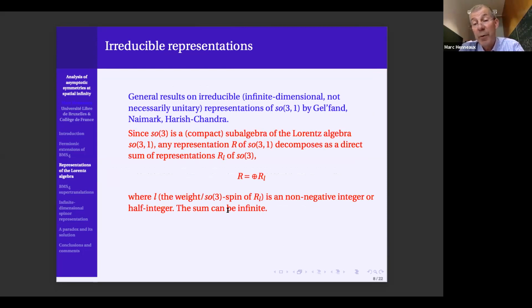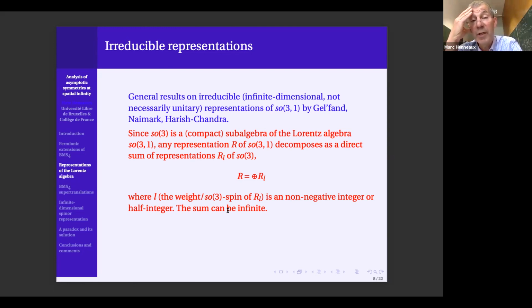And so it will decompose as a direct sum of irreducible representations of SO3, R_L, characterized by the SO3 spin L, which actually Gelfand and Neymark call the weight of the representation. So usually we think of weight as weight of states, but here I will use the terminology SO3 spin of the representation, which is, as we know well, a non-negative integer or half integer.